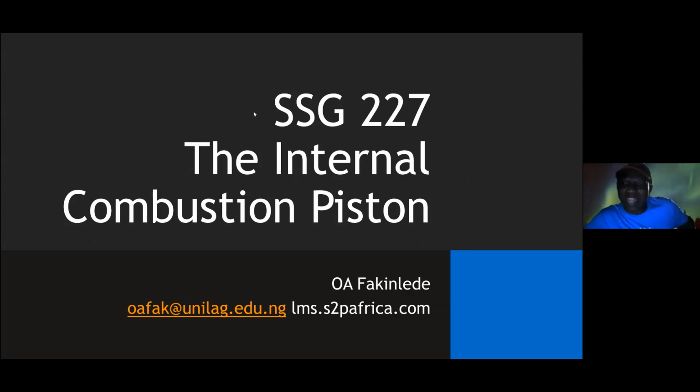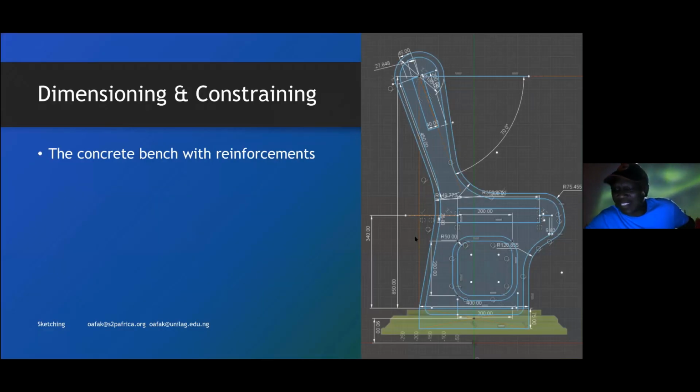Last week, we used dimensioning and constraint to create something not as complicated as this, but something like this. This is the actual bench that I took measurements of and drew.